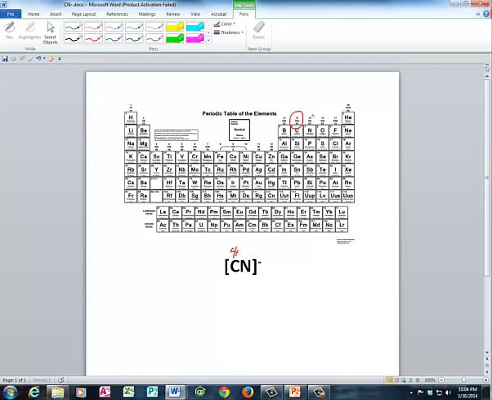Nitrogen again is in group 5. It has 5 valence electrons. Now, since there's a -1 charge, as with all anions, that means we've added an extra electron. So if it's a -1, we add 1. If it were a -2, we would add 2. Let's add up all the electrons we have. 4 plus 5 is 9, plus 1 is 10 valence electrons.